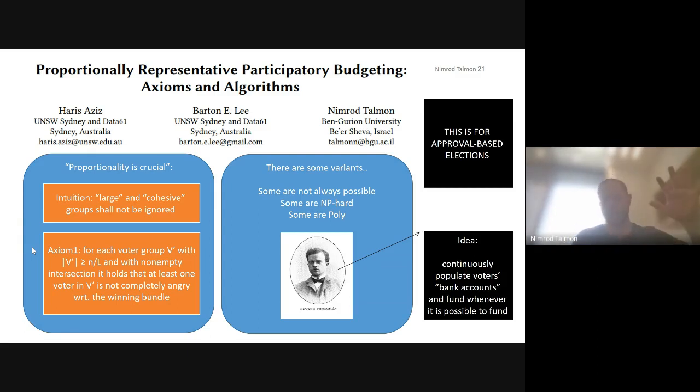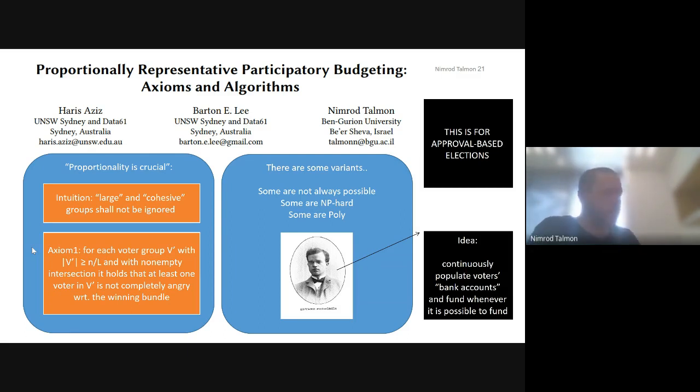For each preference profile, meaning for each population with votes, each group of voters that is sufficiently large, so contains a significant portion of the population, and also is somehow coherent, so a minority that is big enough and coherent enough, shall get some kind of representation in the bundle that the algorithm selects.